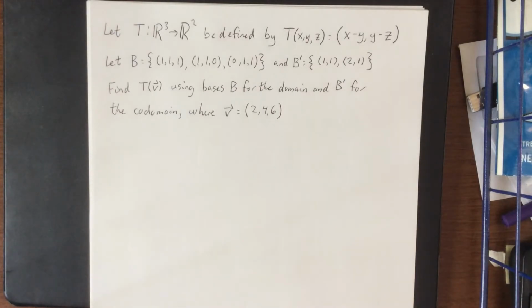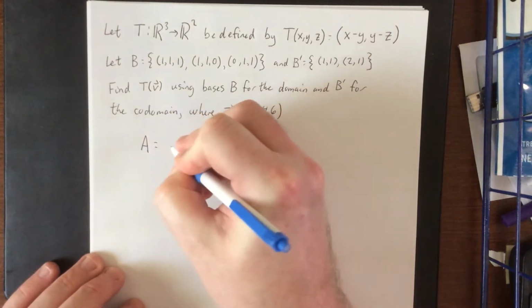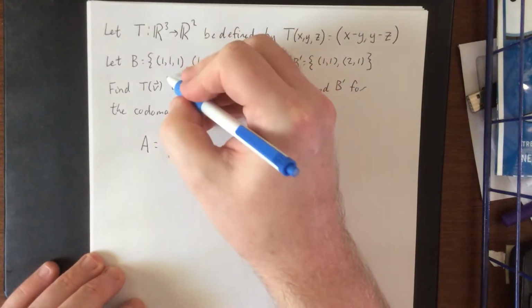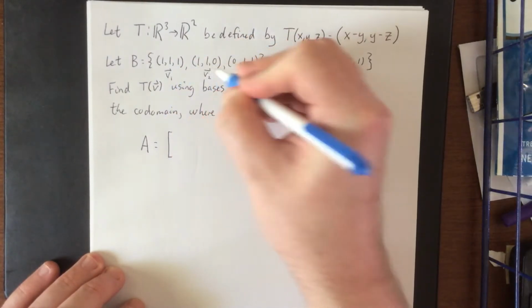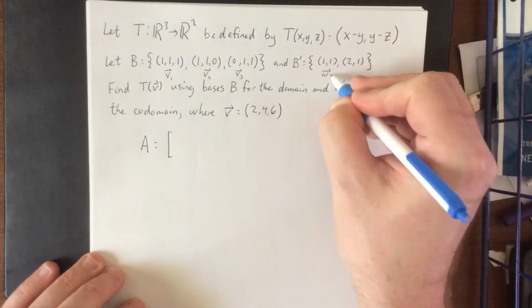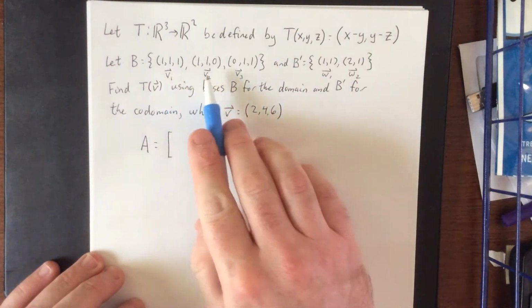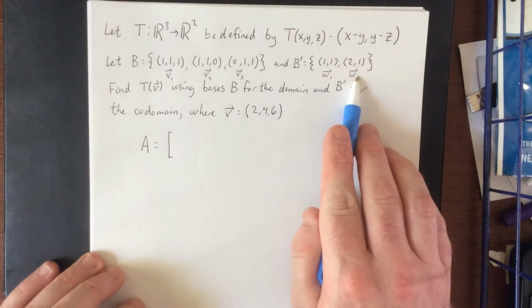So the first thing that we're going to need to do is set up the matrix relative to the non-standard bases. What we're going to do to create this matrix is each column is going to be the image of one of our three basis vectors relative to our non-standard bases. For purposes of what we're doing, we're going to refer to these three vectors as v1, v2, and v3, and then w1 and w2.